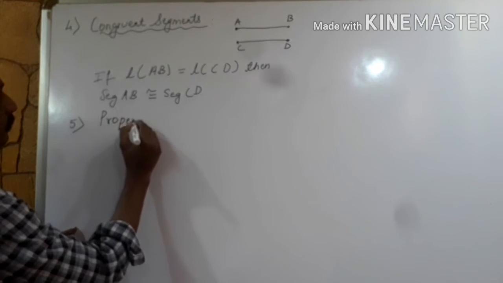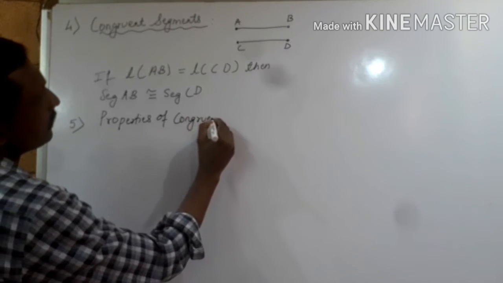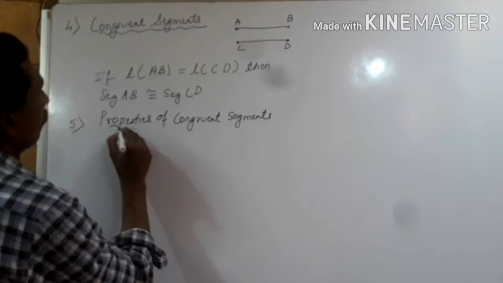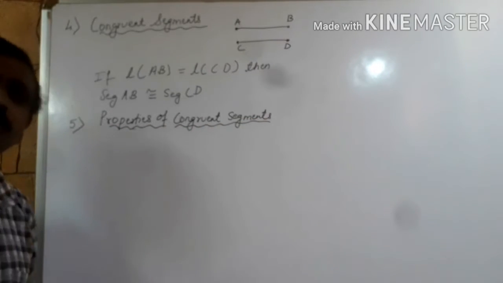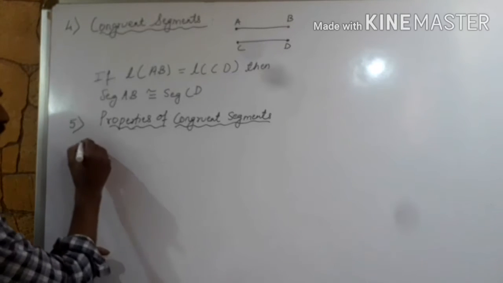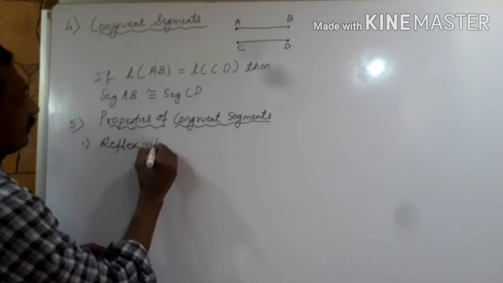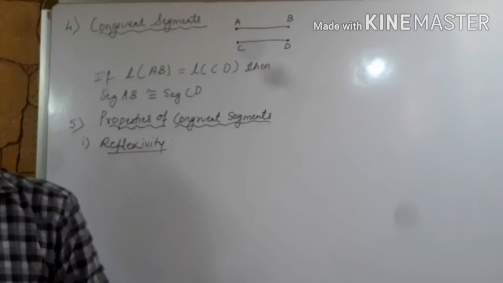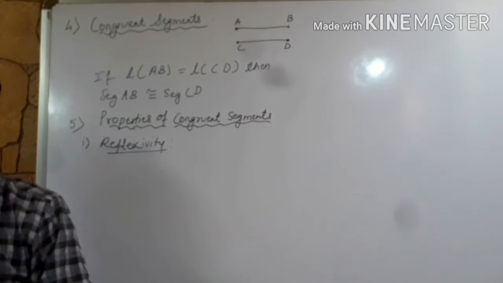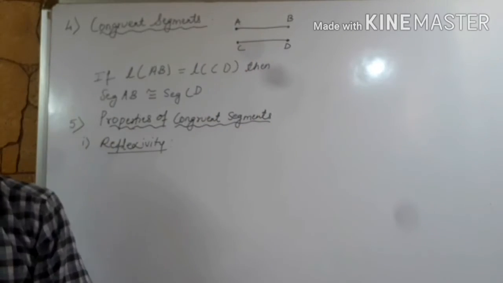Properties of congruent segments. What are the properties of congruent segments? First is reflexivity. What do we say in reflexivity? Let's take segment AB.